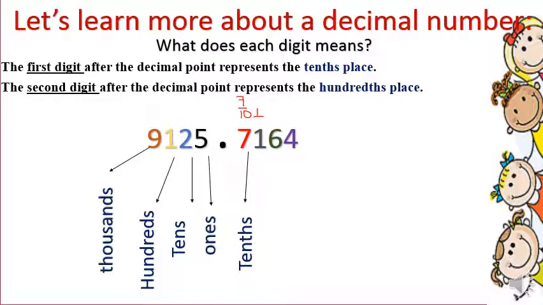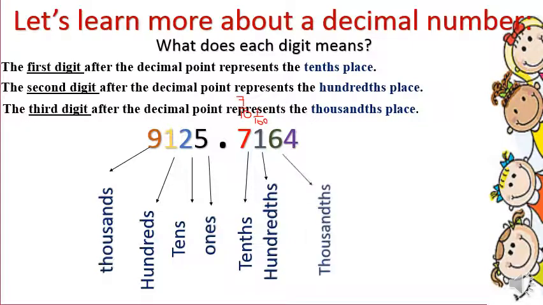Because it represents 1 out of 100, a very small quantity. The third one, it's the thousandth. Why is it the thousandth? Because it represents 6 out of 1,000. A very, very small amount.